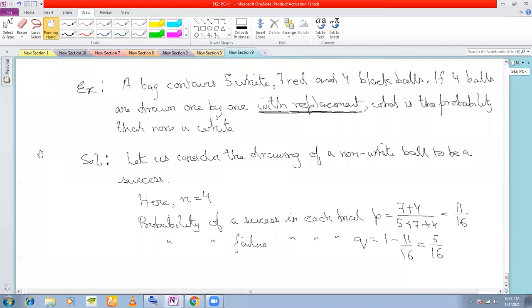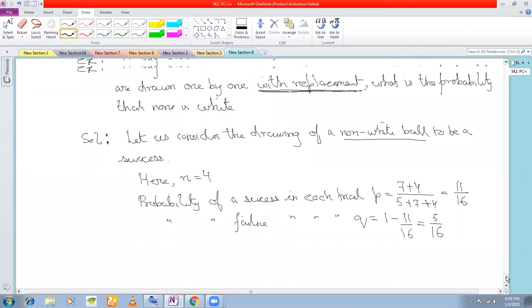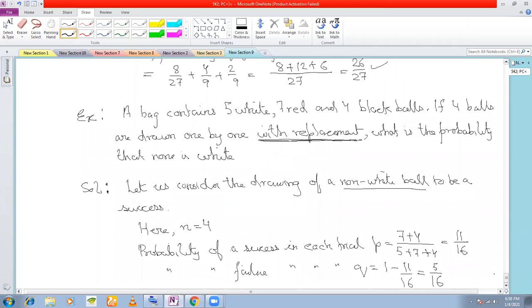Now we come to the question, what is the value of R here? R means number of successes. How many successes are you getting here? If 4 trials are there, and you are considering drawing a non-white ball to be a success, then how many successes are you going to get?